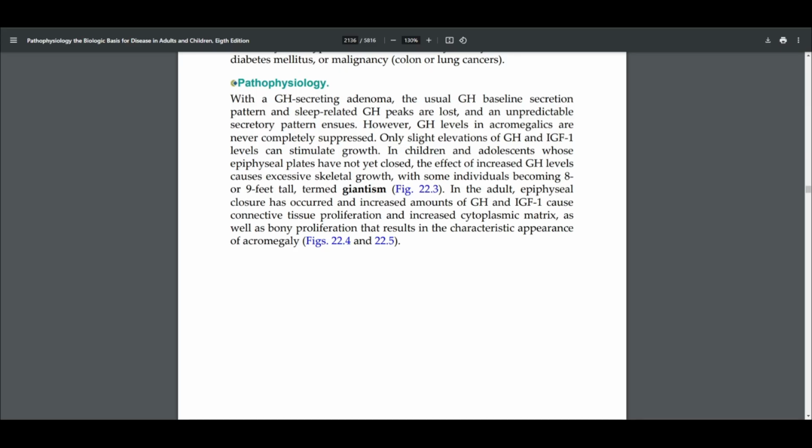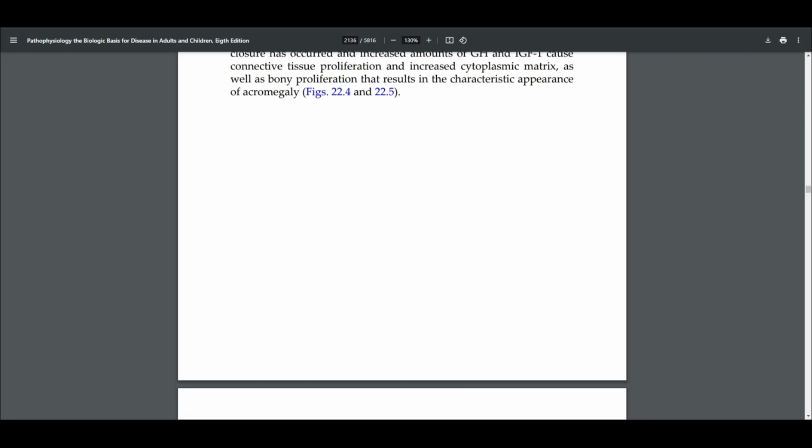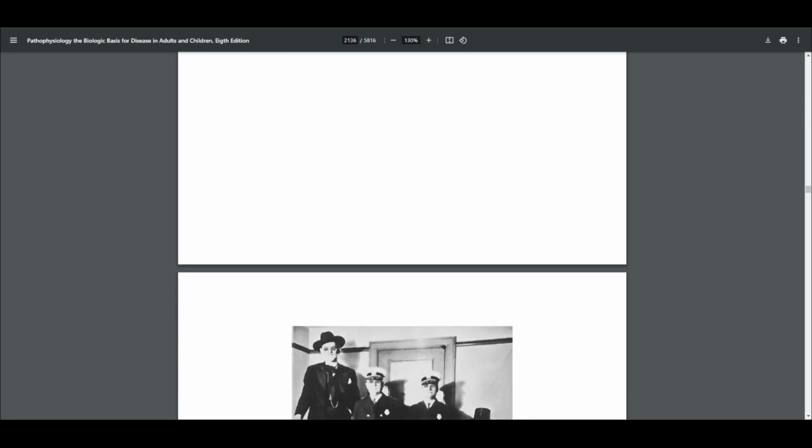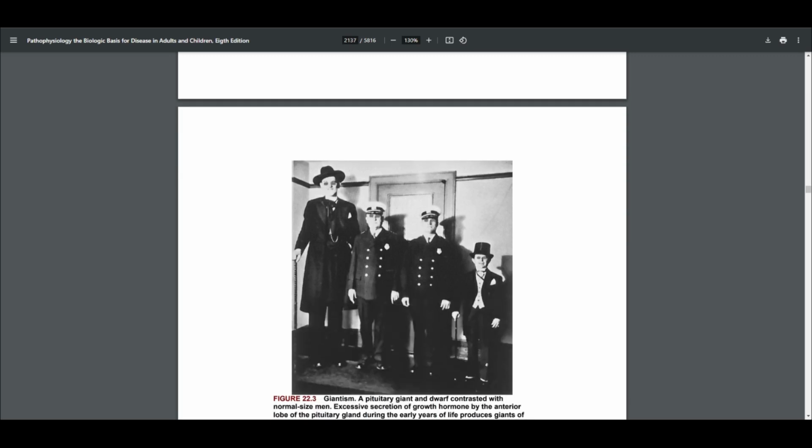In the adult, epiphyseal closure has occurred, and increased amounts of growth hormone and IGF-1 cause connective tissue proliferation and increased cytoplasmic matrix, as well as bony proliferation that result in the characteristic appearance of acromegaly, which I think we're about to take a look at.